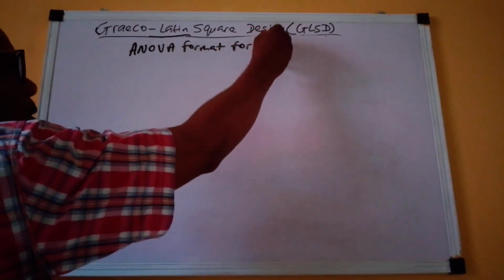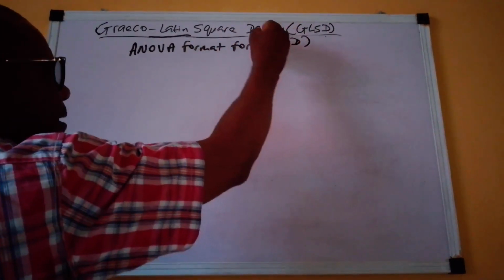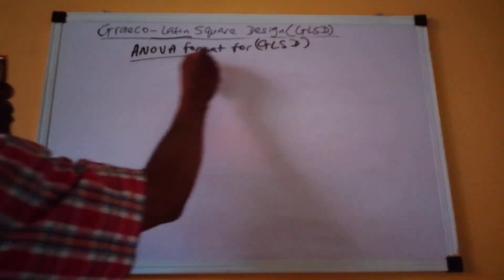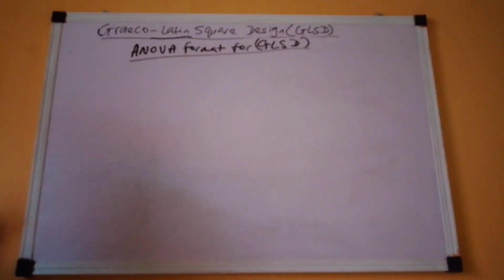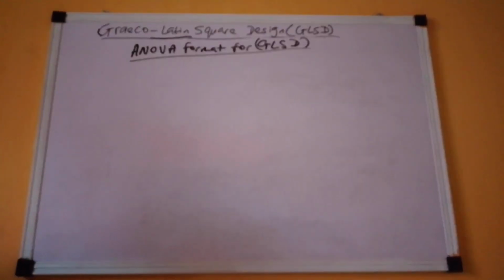As you know, we make use of the F ratio when dealing with analysis of variance. We use the variance to study the equality of means, and the Greco-Latin square design has to do with the consideration of 4 sources of variation, 2 other sources, and 2 treatments are involved. The Latin square design has 2 other sources of variation, while 1 treatment is involved, making it 3 sources of variation.